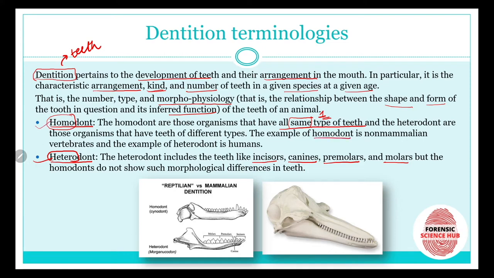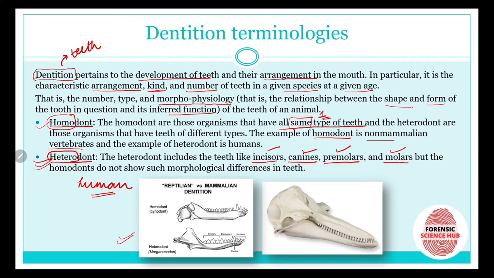An example of homodonts is non-mammalian vertebrates. All the vertebrates that are not mammals are homodont, that is, they have only one kind of teeth. Whereas an example of heterodonts is humans. We have 4 different types of teeth: incisors, canines, premolars, and molars. So our teeth are heterodont.